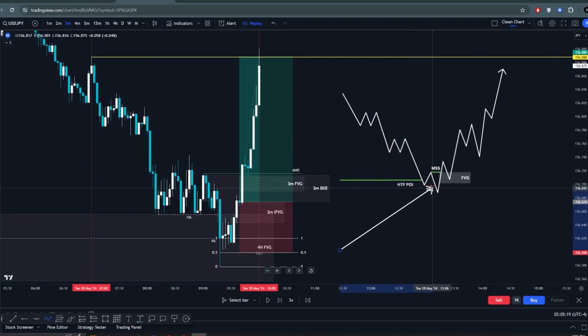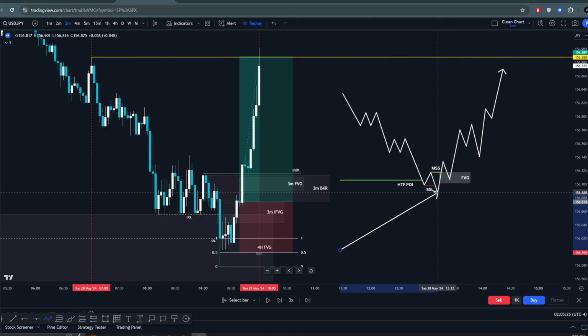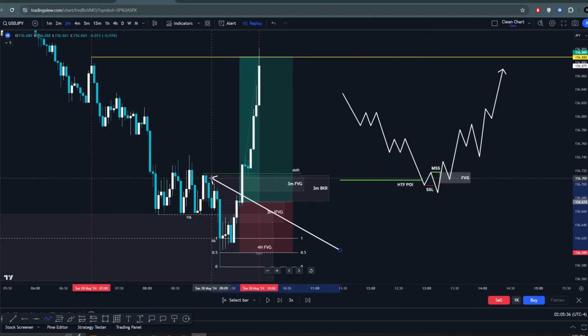Go into the lower time frame, you will see a sell side liquidity sweep right here, and we should have a market structure shift if we are near the last swing high that has taken out the liquidity.